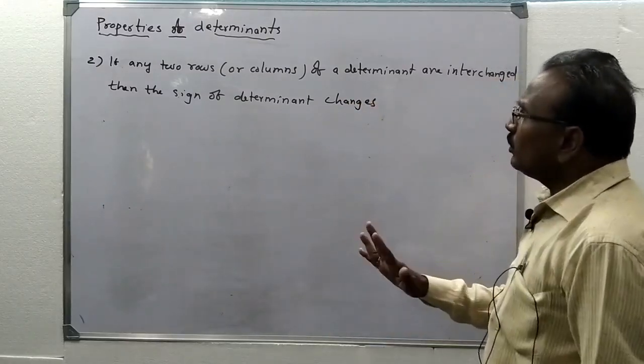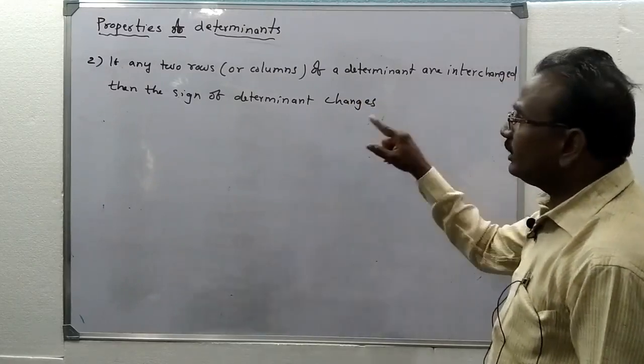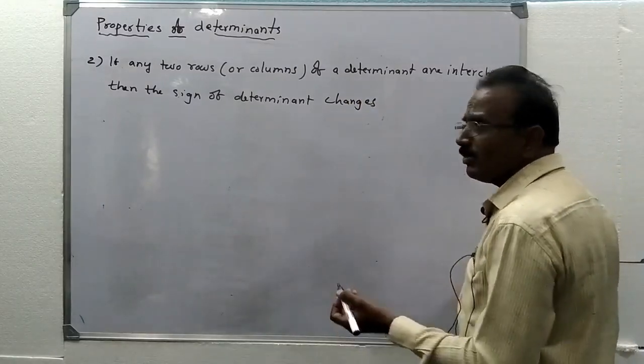So if any two rows or two columns of a determinant are interchanged, then the sign of determinant changes. What is the meaning of this?